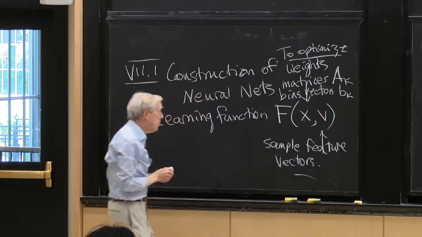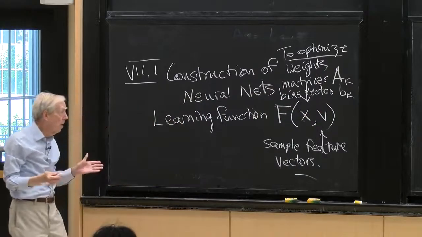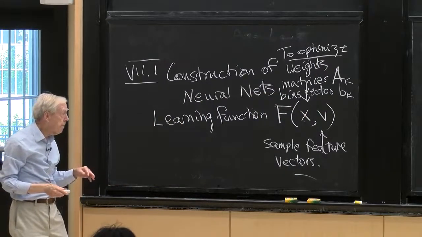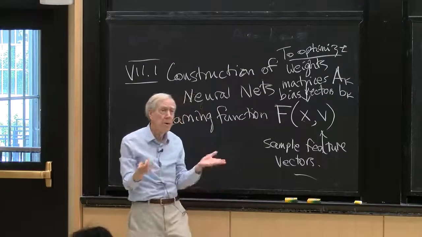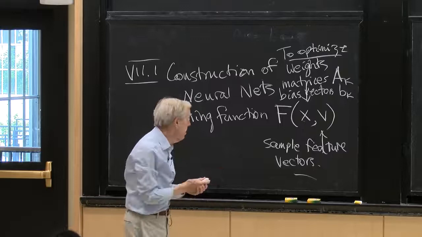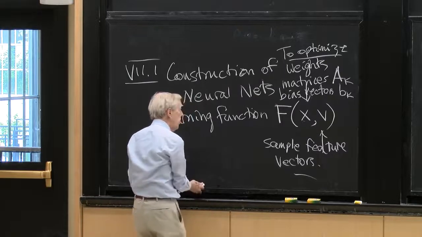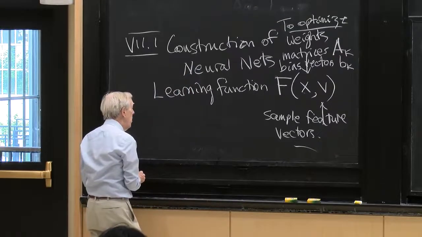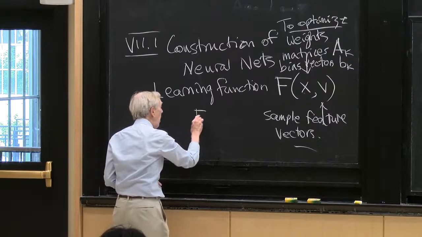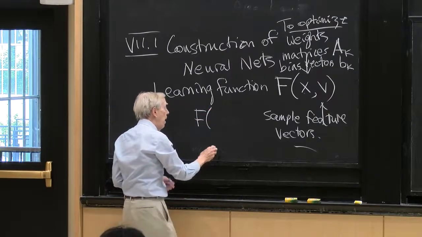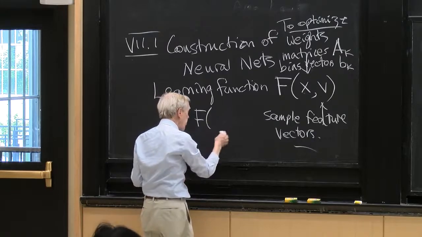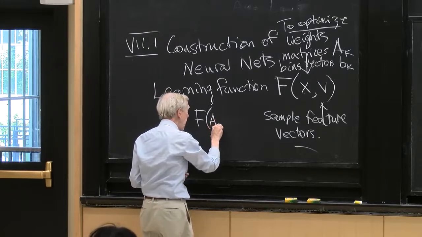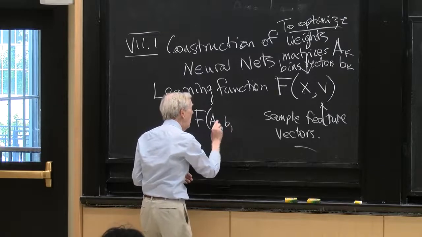And what's the structure of the whole learning function, and how do you use it? What does the neural net look like? So you take f of a first set of weights, A1 and B1.